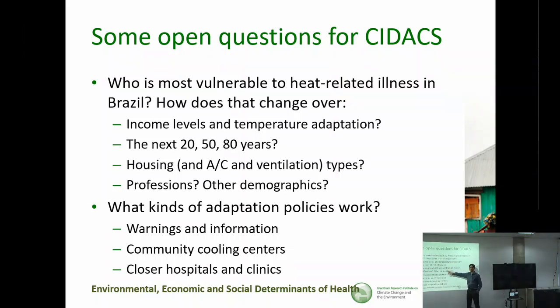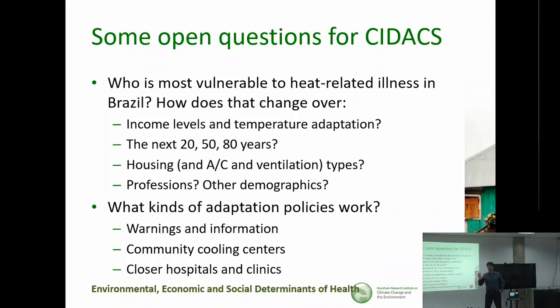To what extent, extending the work that we've done, are income and temperature adaptation going to be really beneficial, but doing that in a way that's both more aware of the context and with higher resolution data, and think about how that's going to change over the next 20, 50, 80 years.